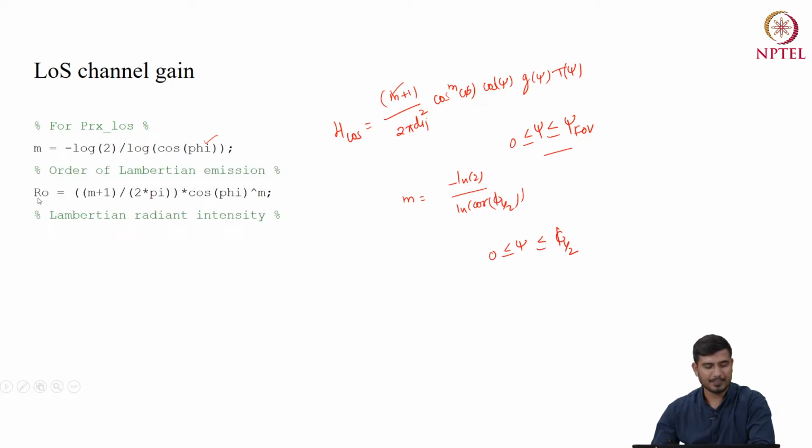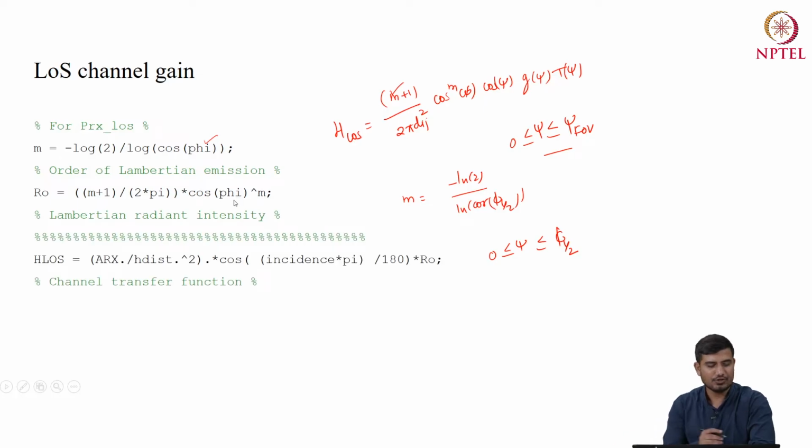Next, based on this Lambertian model, you can calculate the radiation intensity, which is nothing but (m plus 1) over 2 pi, cos^m phi. We already know the value of m, and we have already given the input value of phi.